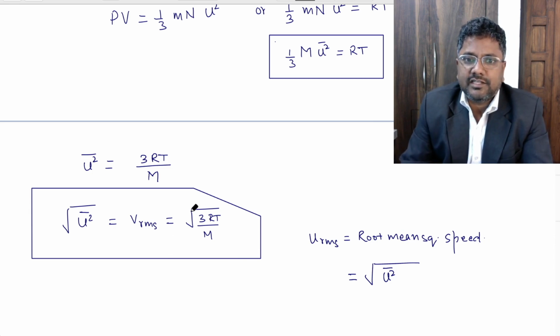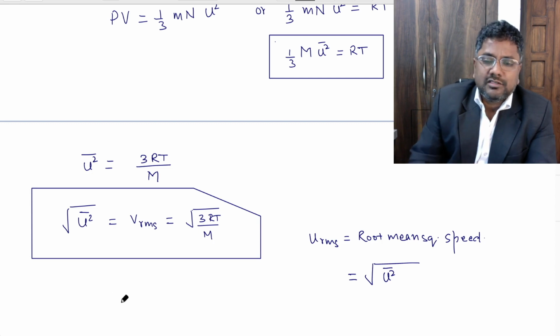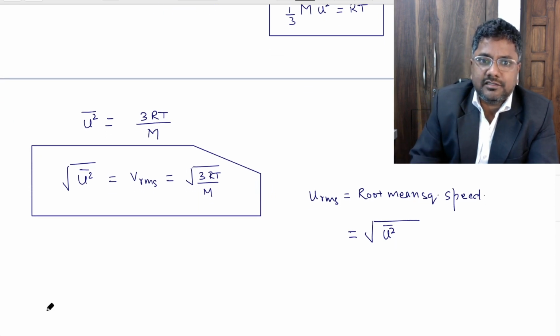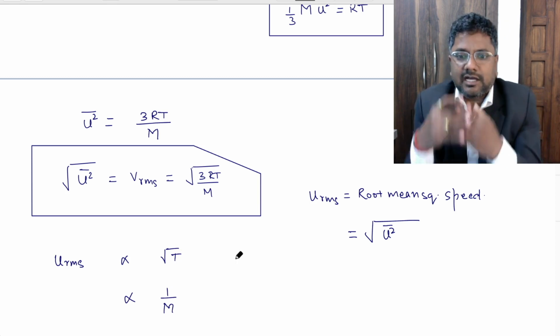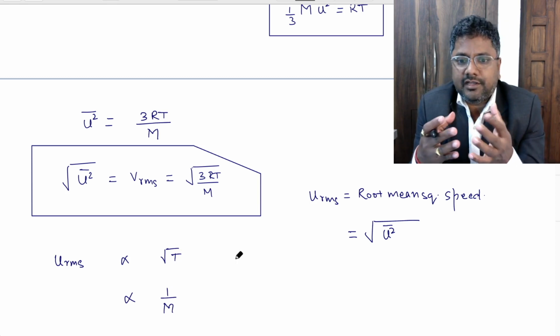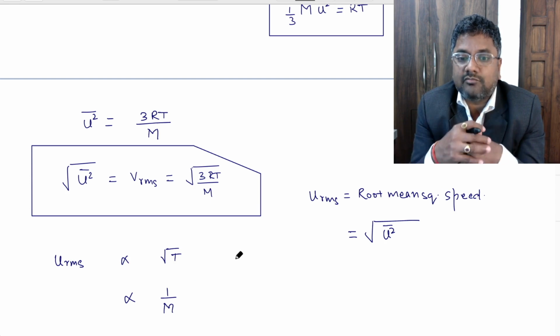So root mean square speed also depends on temperature and molar mass of the gas, right? You can write that U RMS is directly proportional to the square root of T and inversely proportional to the square root of the molar mass. Means the RMS speed will increase as you increase the temperature, and it will decrease as you increase the molar mass.